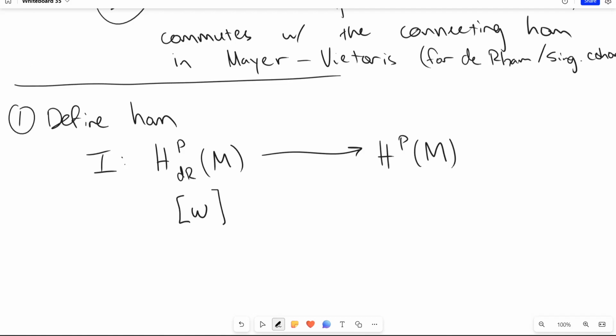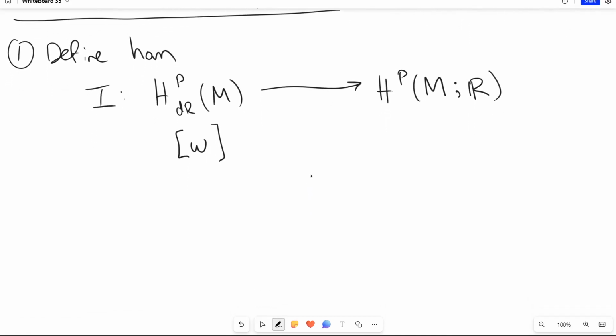And a differential form is exactly the sort of object that you can integrate over p-dimensional submanifolds of your manifold M. On the other hand, an element of the singular cohomology is an equivalence class of a cocycle, which is in particular a cochain, which is something that gives a number to simplices in your space of dimension p.